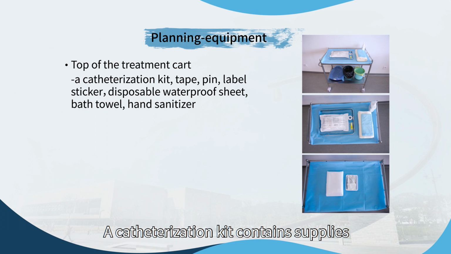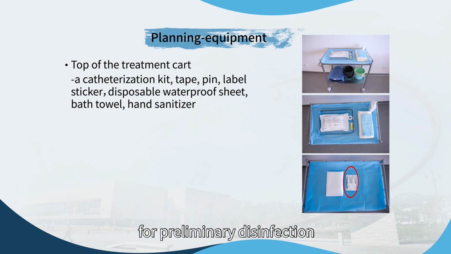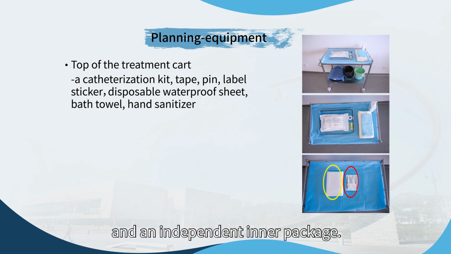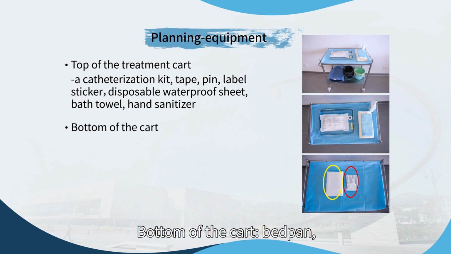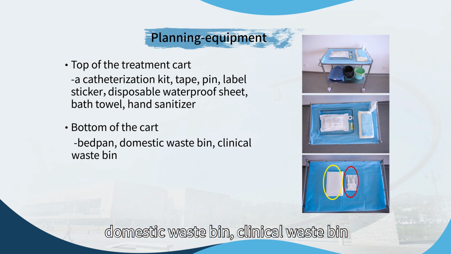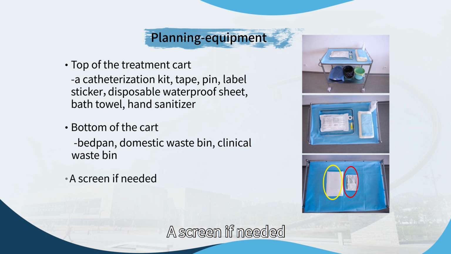A catheterization kit contains supplies for preliminary disinfection and an independent inner package. The inner package includes supplies for repeat disinfection, and other supplies for the procedure. Bottom of the cart: bedpan, domestic waste bin, clinical waste bin, a screen if needed.